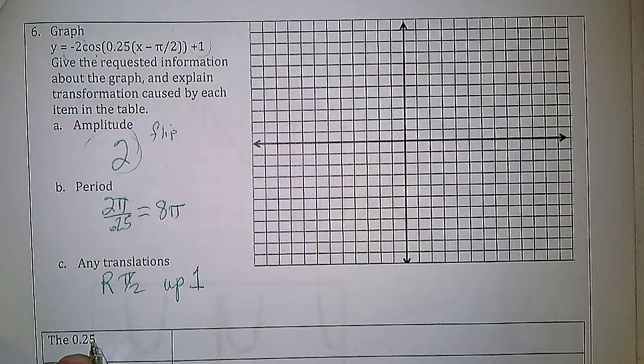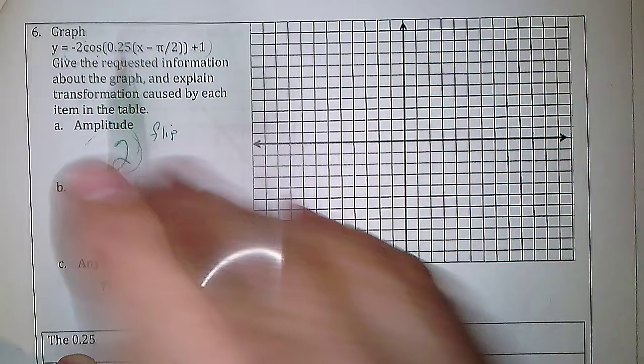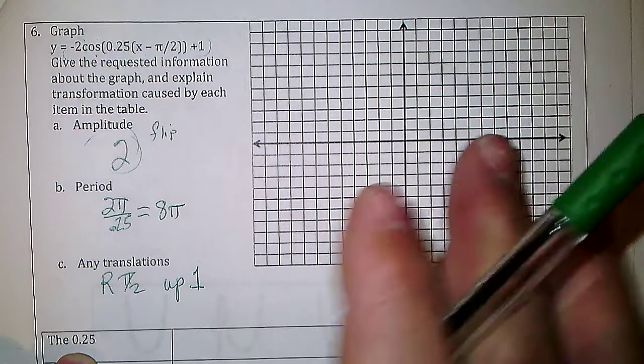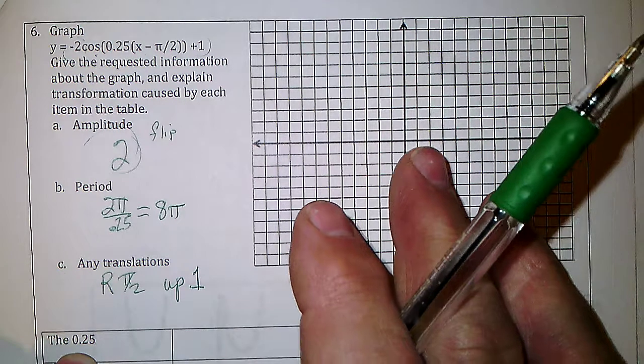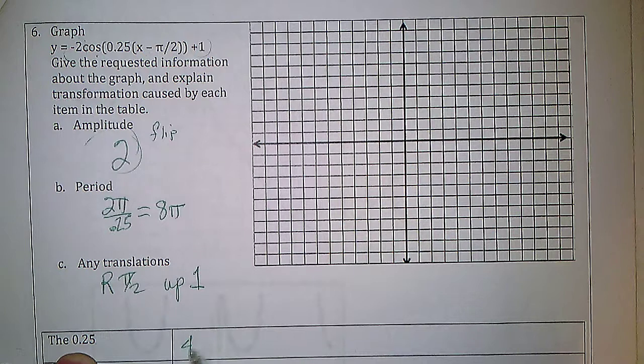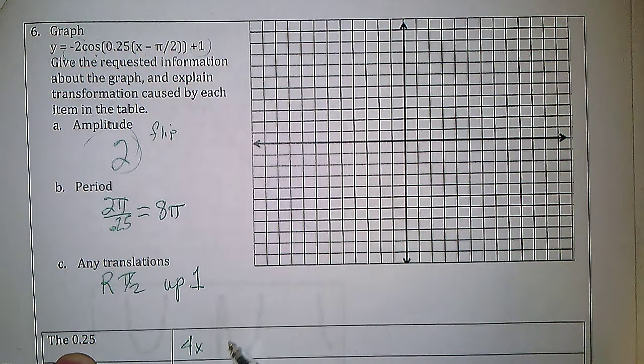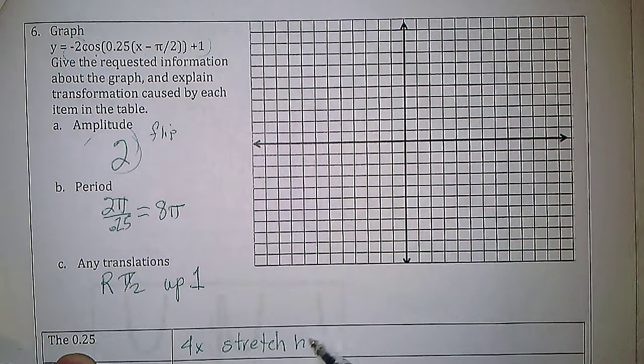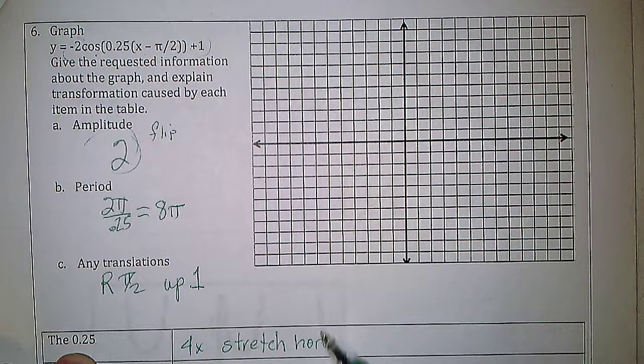Well, it's less than 1. It's on the inside, so you would think it'd make it a quarter. 0.25 is a quarter. A quarter is wide, but everything is opposite, so it makes it 4 times stretched horizontally. 4 times as wide.